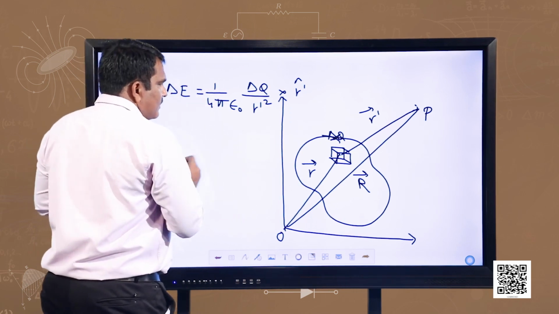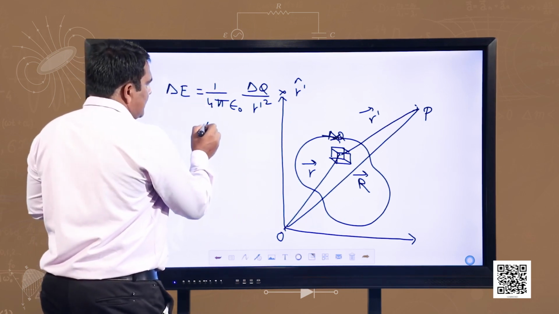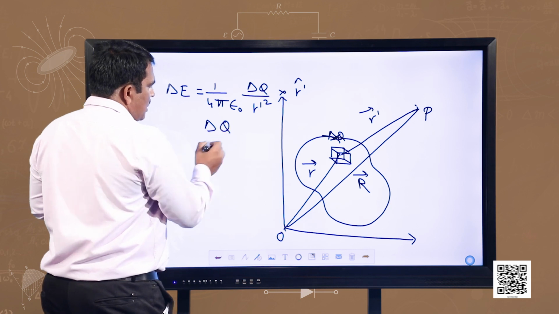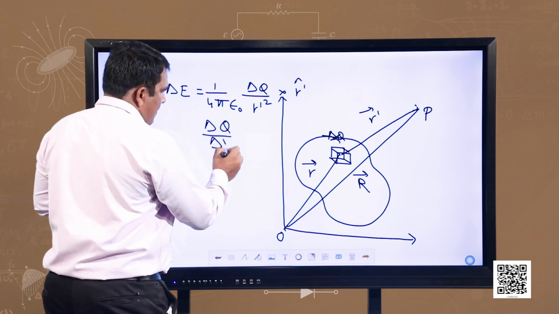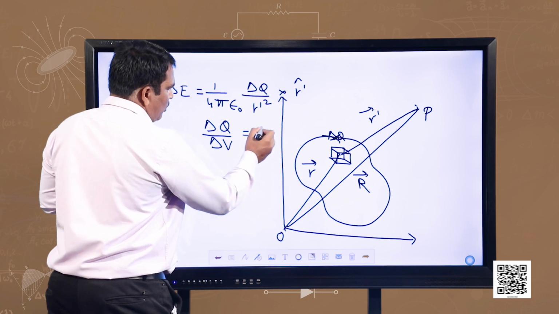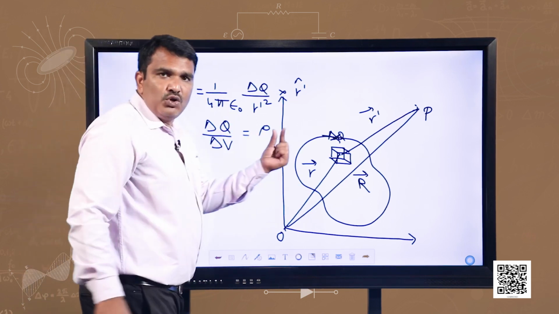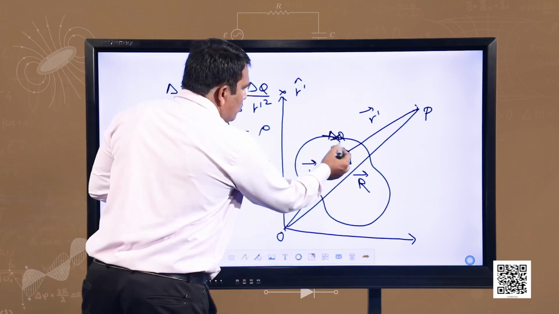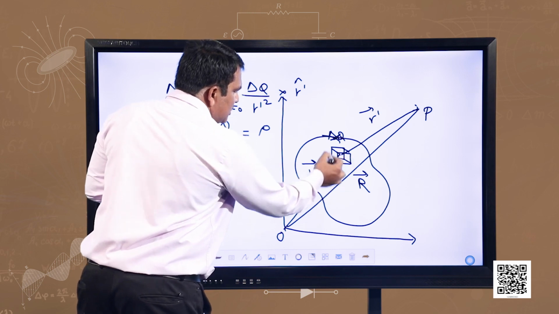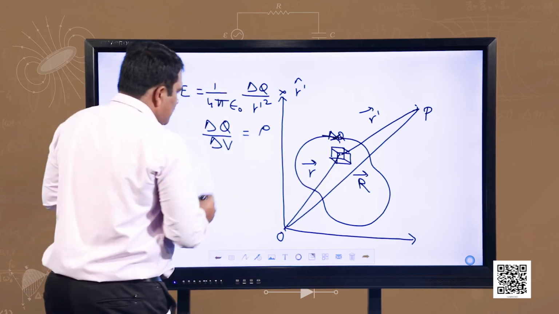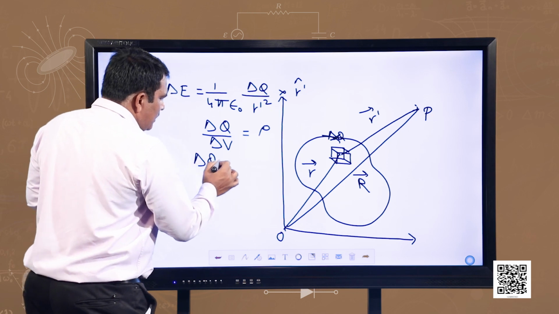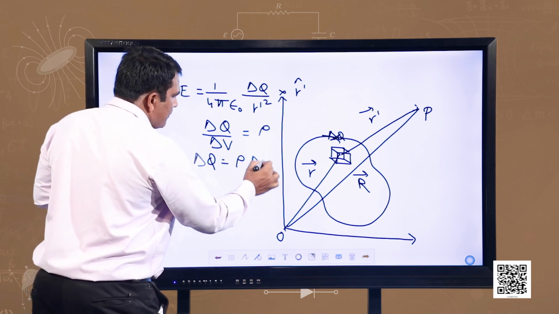Now, we know that delta q upon delta v is equal to volume charge density. Suppose the volume charge density in this small volume element at this point is rho. So, delta q will be rho delta v.